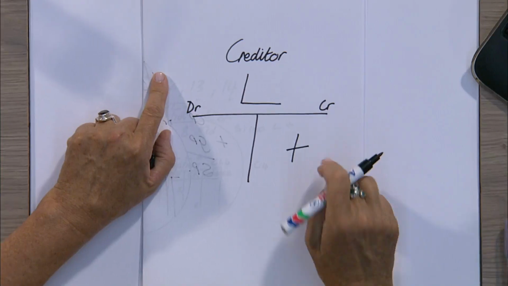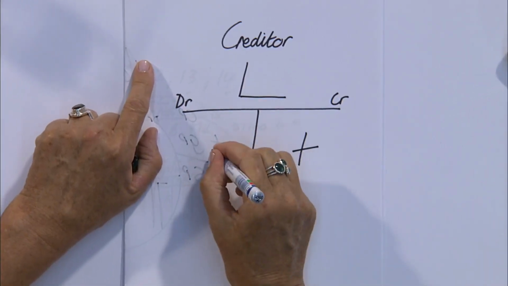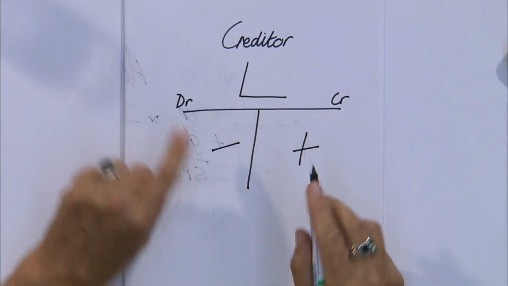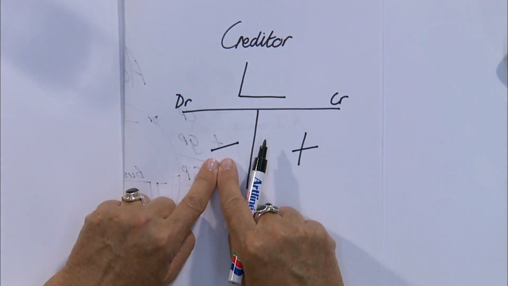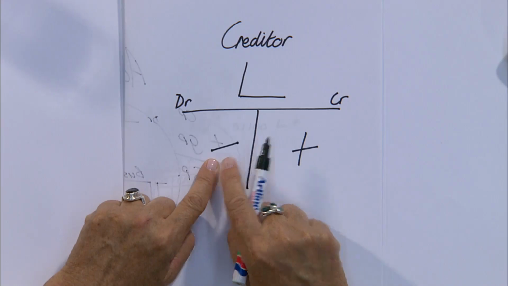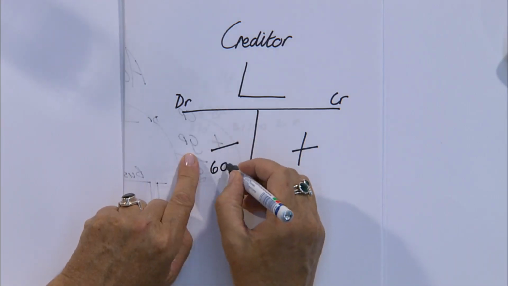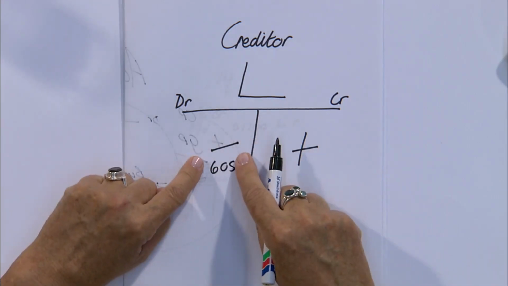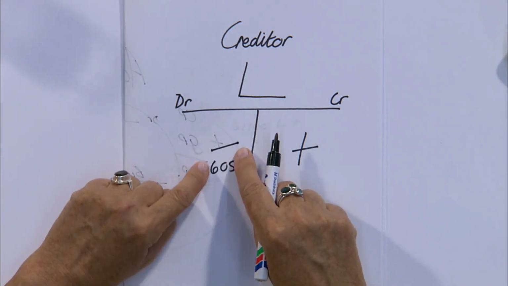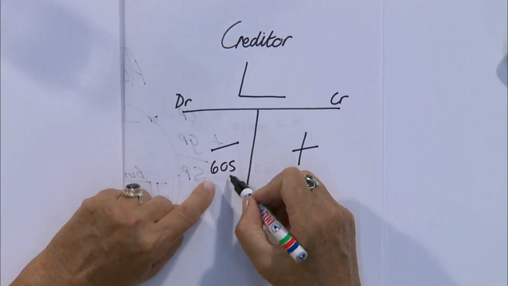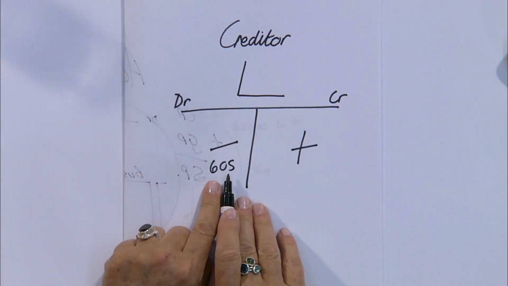Plus on the credit side, minus on the debit side. Now look at this. This one says that we debited the creditor with 605. But what did we do? We didn't return goods. We didn't pay him. It's wrong. So how do I correct such a mistake?